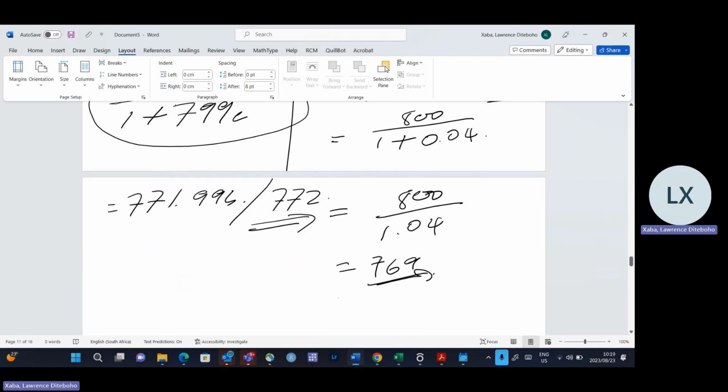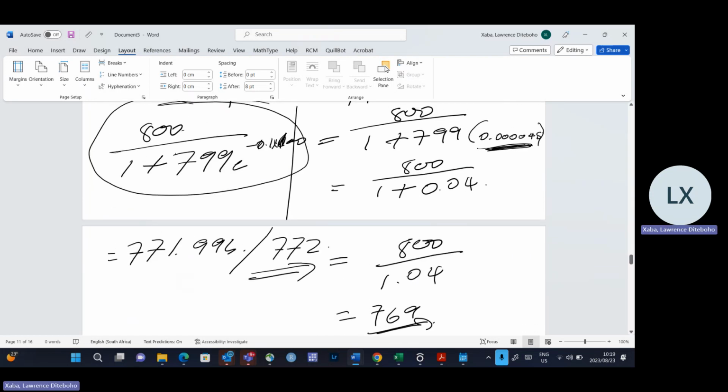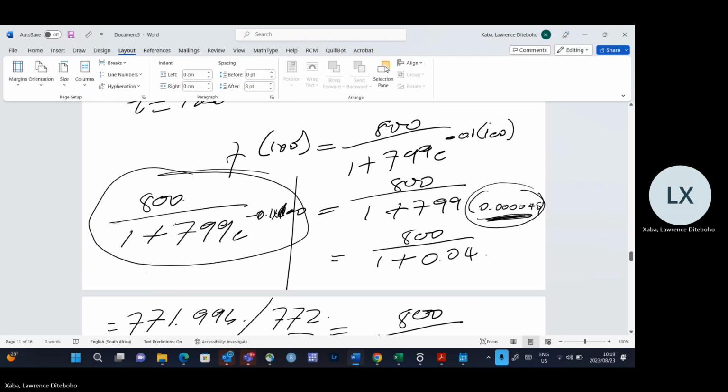But where I calculated only this part, to show you the step by step, it looks like I was supposed to take the whole number, negative 0.1 times 100.